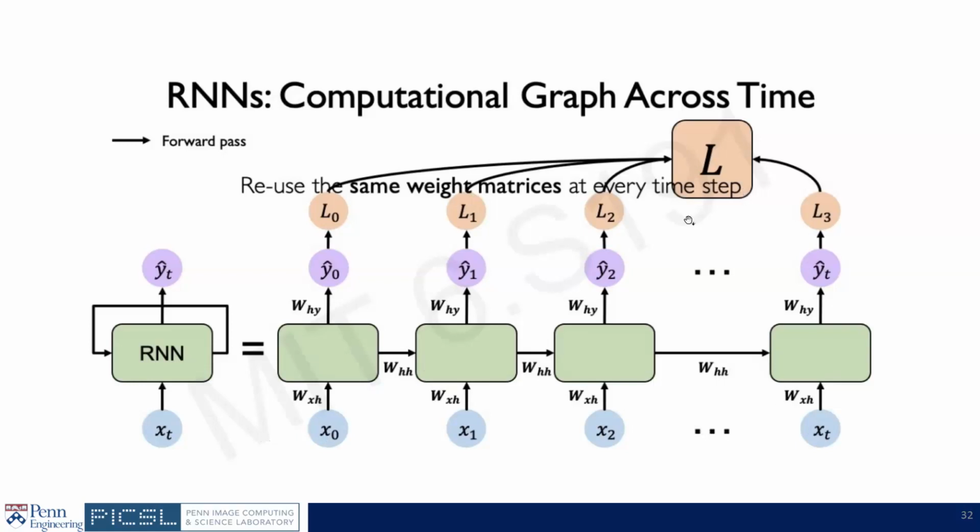And then finally, you have the ground truth labels, let's say, and you compute some kind of loss function. The loss function takes into account every time step over here, giving you L0 through Ln. And then you want to backpropagate through the entire thing to update your weights.